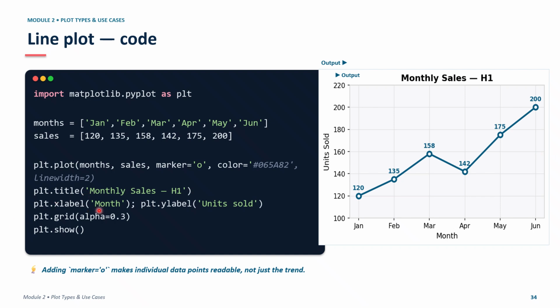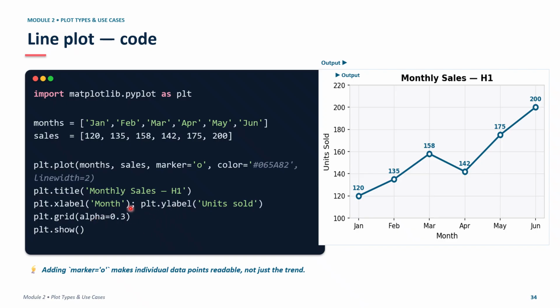And now let us give the label for the x-axis: plt.xlabel of Month. Okay, so that is the x-axis label, and for the y-axis label, Units Sold can be given. And once the labels are given, let me define the grid.